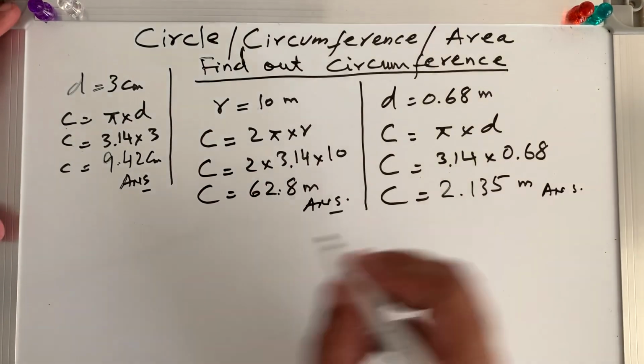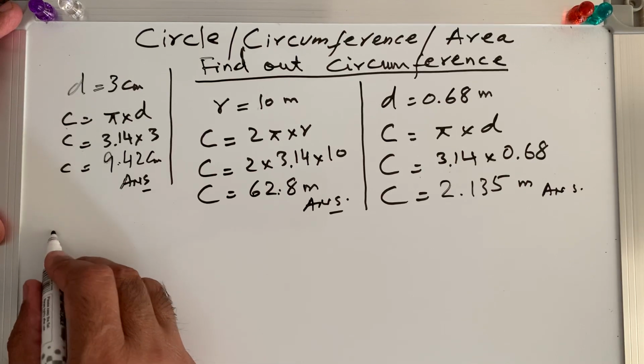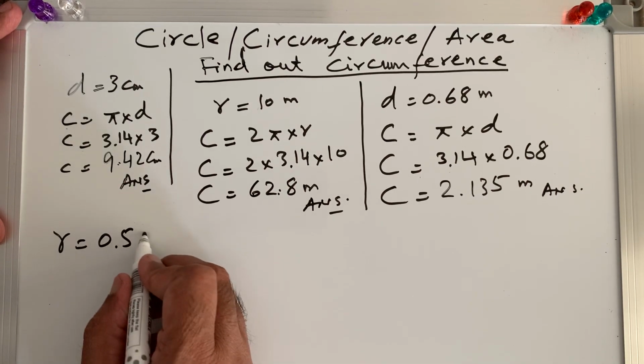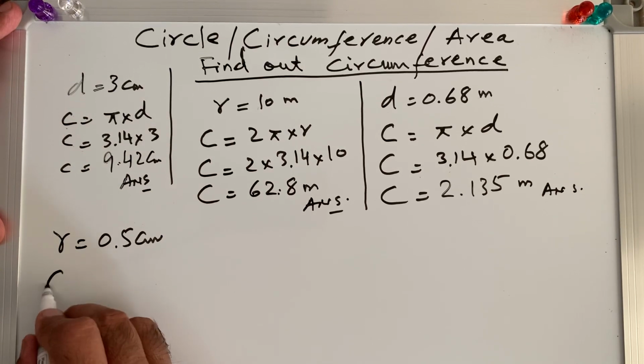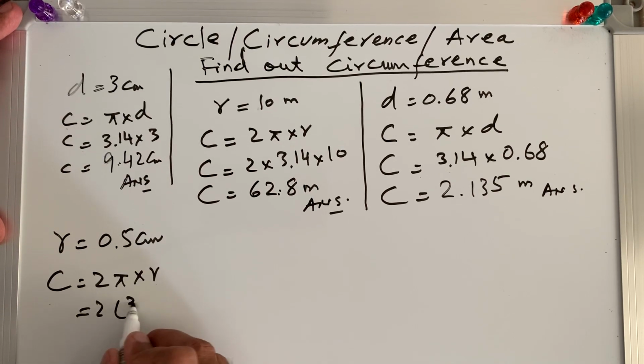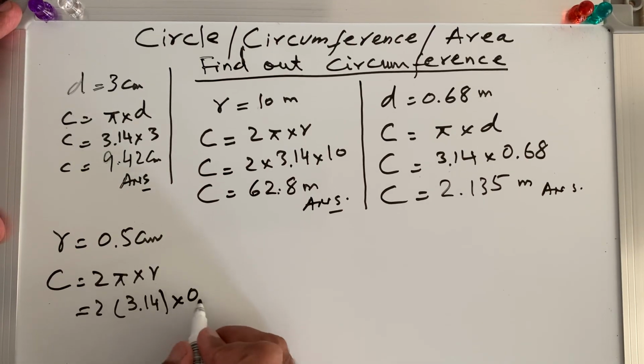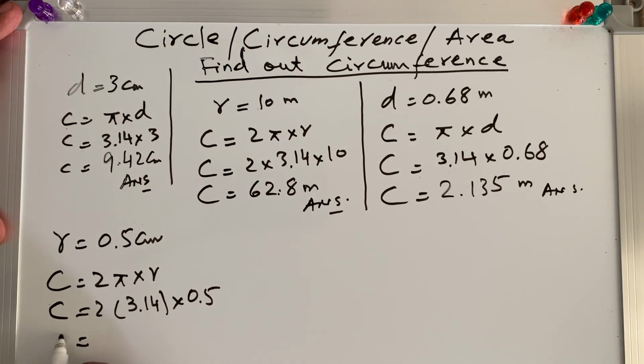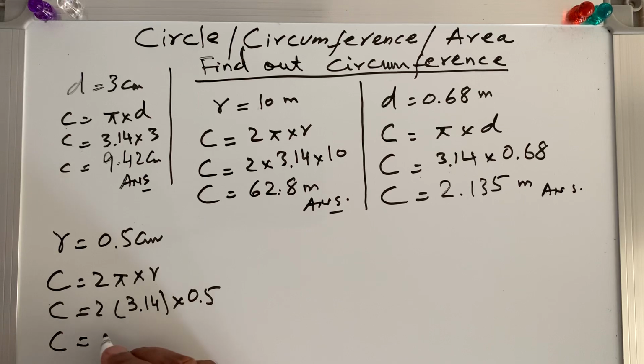Now the next question: r is equal to 0.5 centimeter. So circumference is equal to 2 pi times r. So 2 pi means 3.14 times r, which is 0.5, and then you plug it into the calculator to multiply. 2 times 3.14 times 0.5, and you get 3.14.